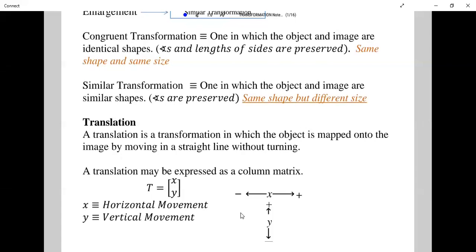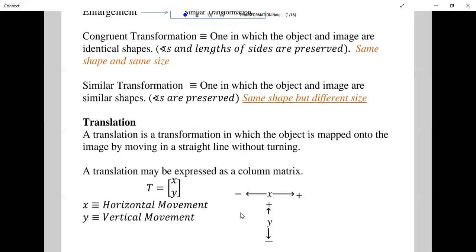With a congruent transformation, the angles and the lengths are preserved. If the angles are preserved, it means that the angles are the same. The angles on the object and the angles on the image are the same. If the angles are the same, the two shapes are identical. If the lengths of the sides are the same, the two shapes have the same size.